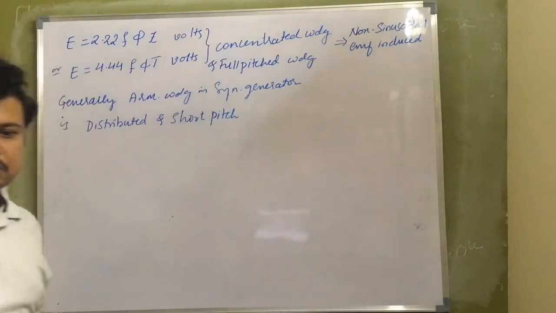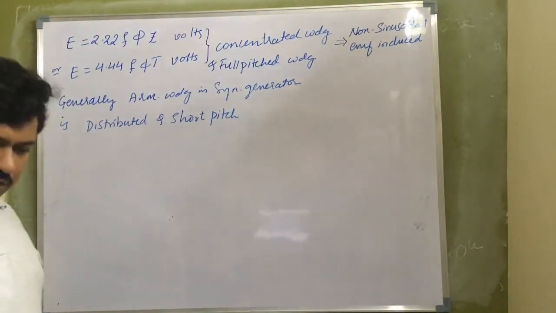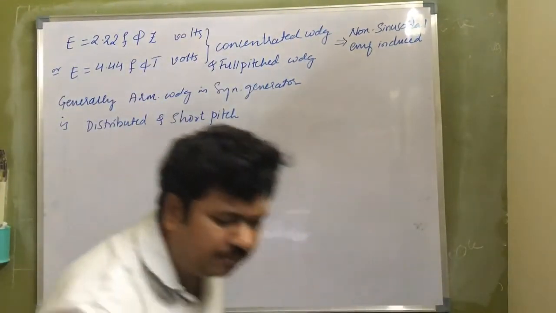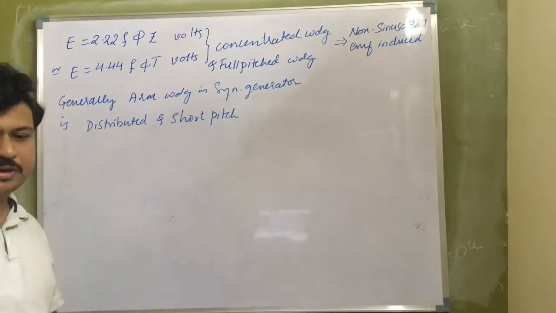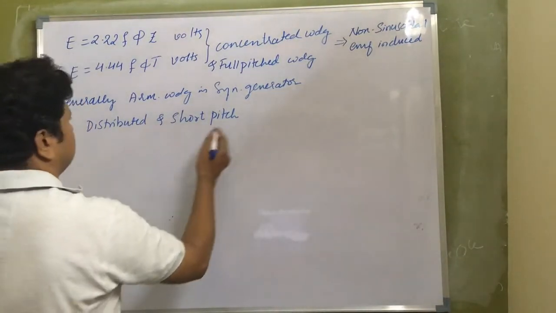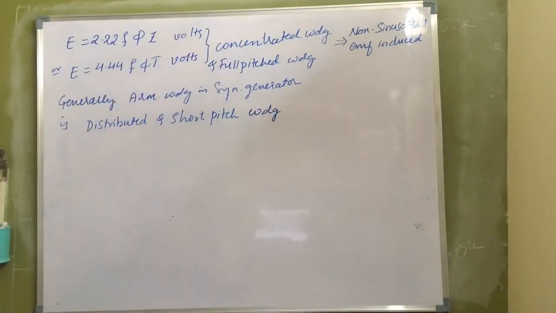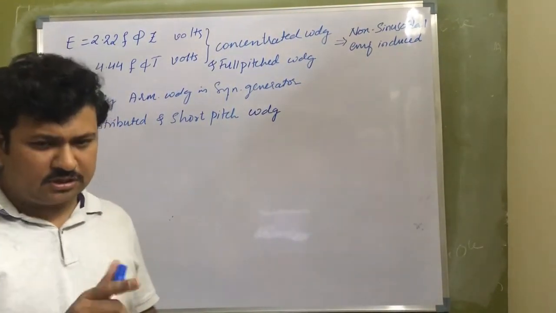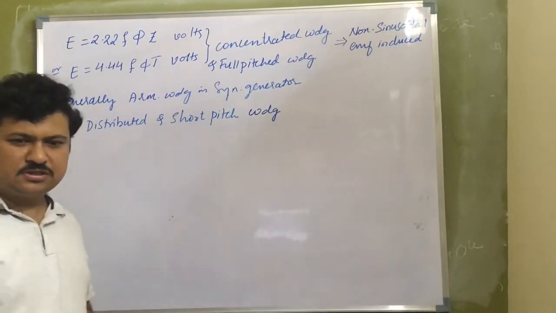So if I want pure sinusoidal voltage to be induced, then I should be using distributed and short pitch winding. Okay. Now first we will see what is concentrated winding. Then we will get to know automatically what is distributed winding.